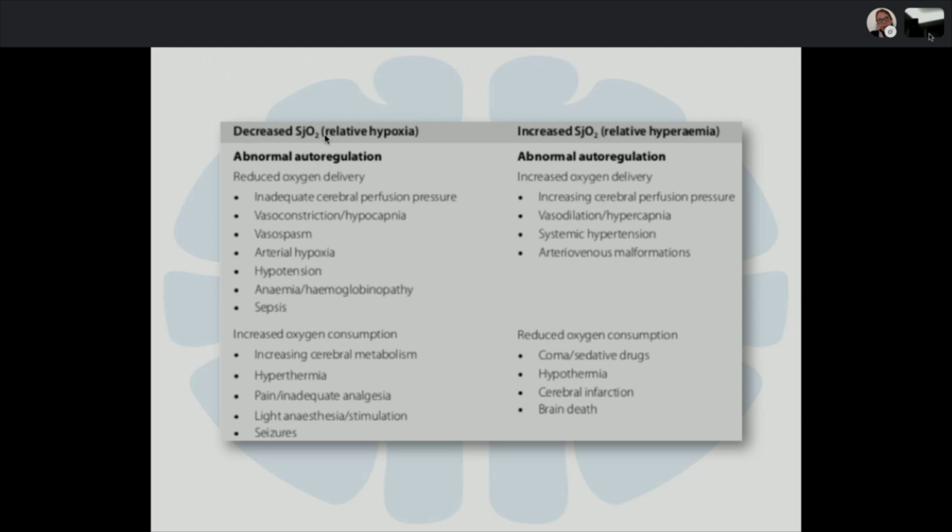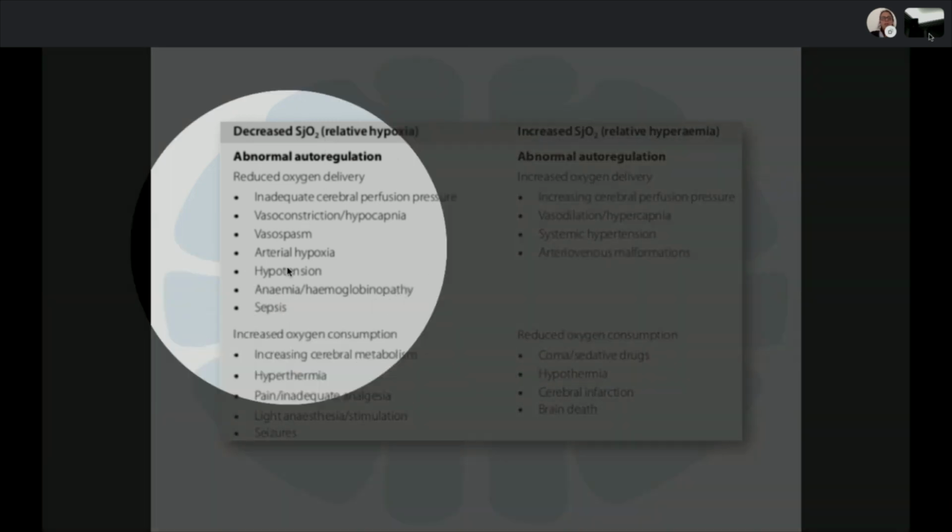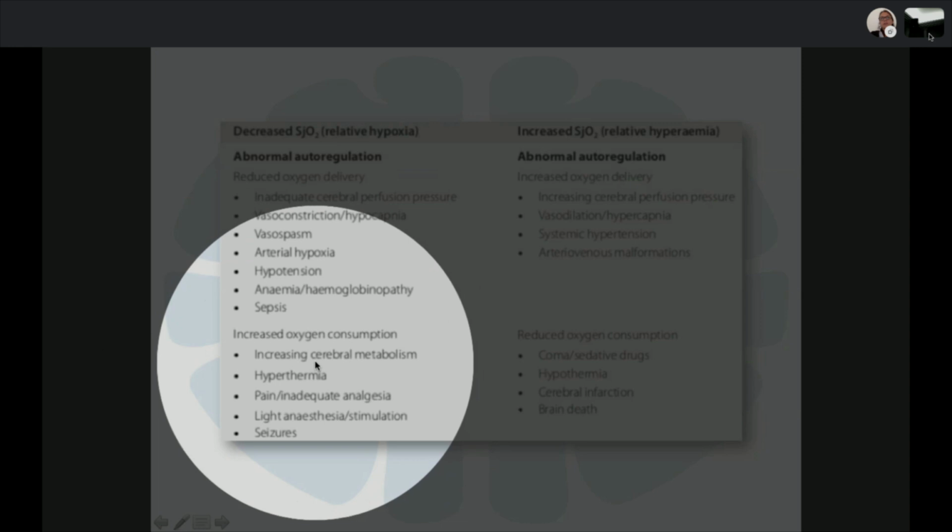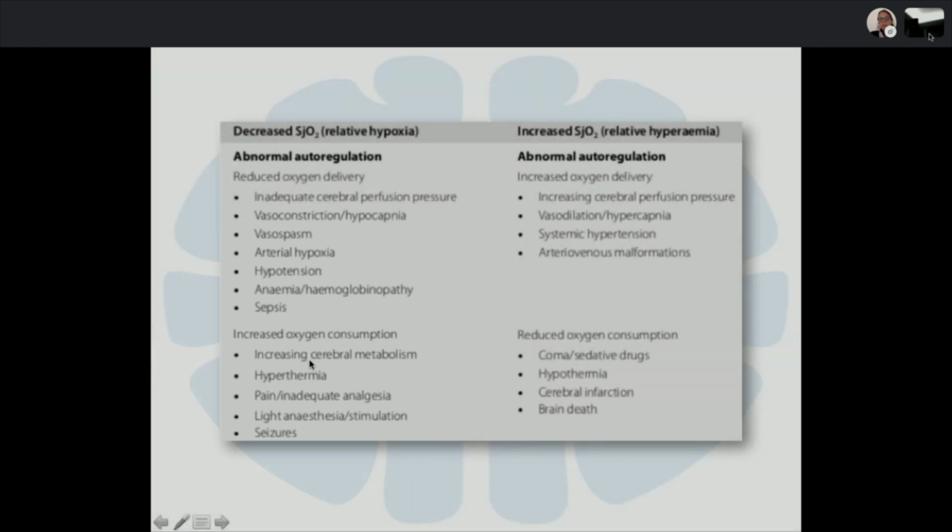When we don't have an appropriate cerebral perfusion pressure, when we have systemic hypotension, anemia, sepsis, arterial hypoxia or vasospasm. Or we can have a situation of increased oxygen consumption, for example in hyperthermia, inadequate analgesia, increased cerebral metabolism, seizure, etc.